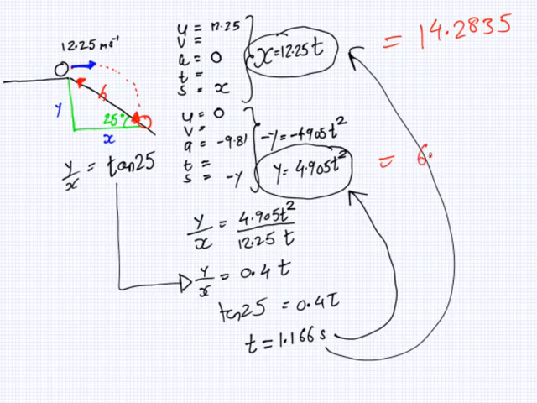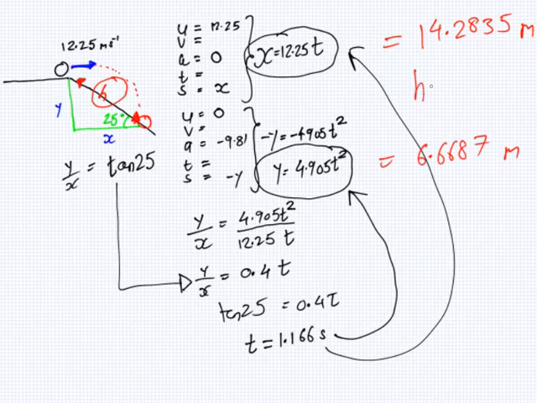The t is different. It's a different question. But I'm not finished. How can I get the h? x squared plus y squared. Pythagoras. To get the h.